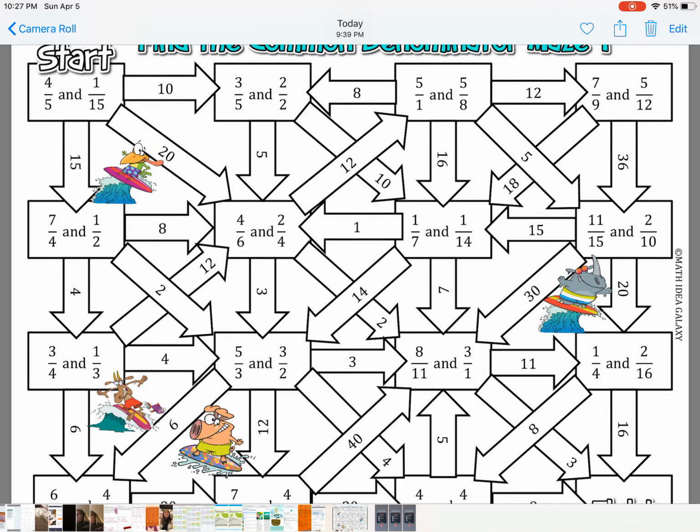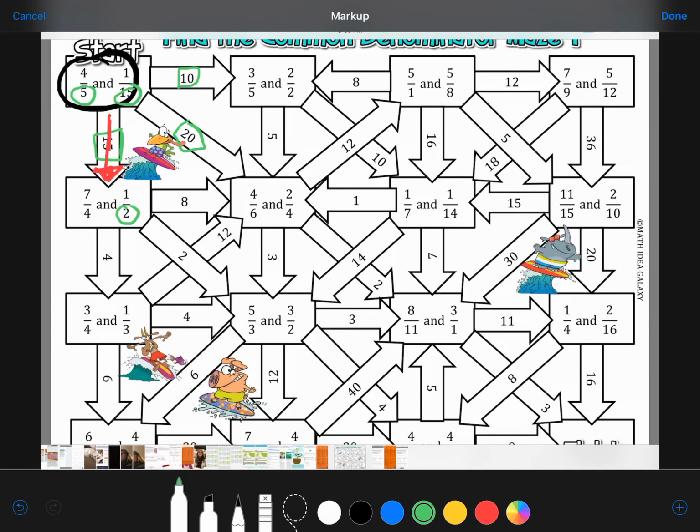Now I'm looking at 7/4 and 1/2. So again, just skip counting 2, 4, 6. Do my multiples for 2, 4, 6. Do my multiples for 4. 4, I come to 4 right away. 4 is a common multiple for both 2 and 4.